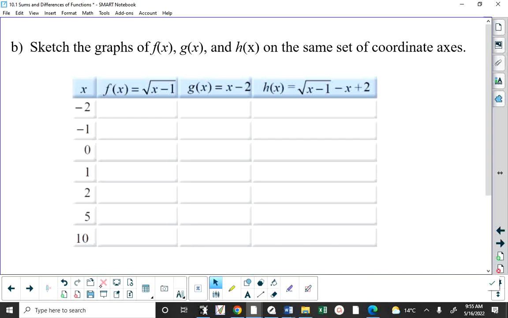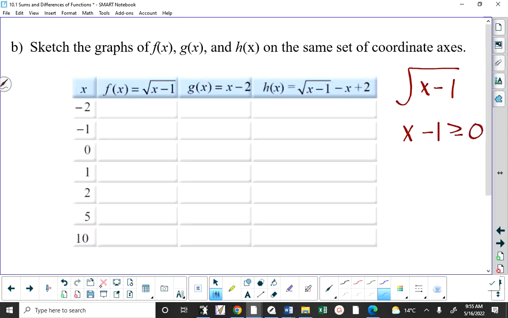We've already talked way back in chapter 2, and also in math 20, that if you have this, then x minus 1 must be greater than or equal to 0, because you cannot take the square root of a negative, which means x has to be greater than or equal to 1. So we are unable to calculate a y-coordinate for these. When we finally get to 1, we can calculate the y-coordinate.